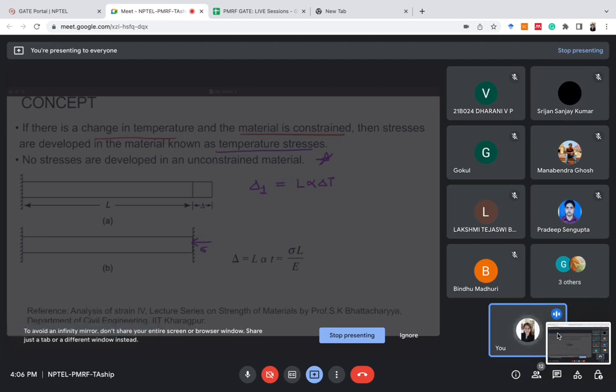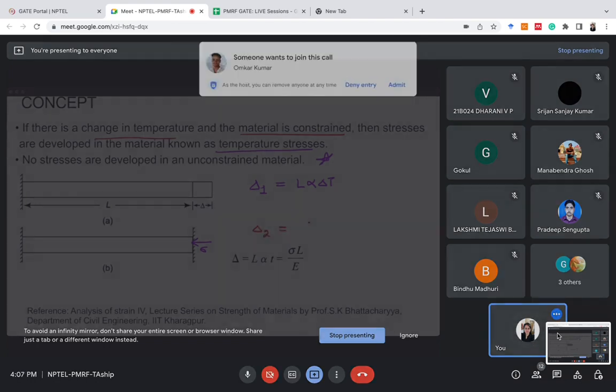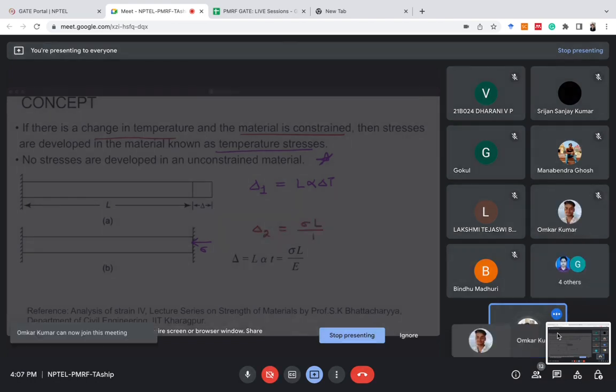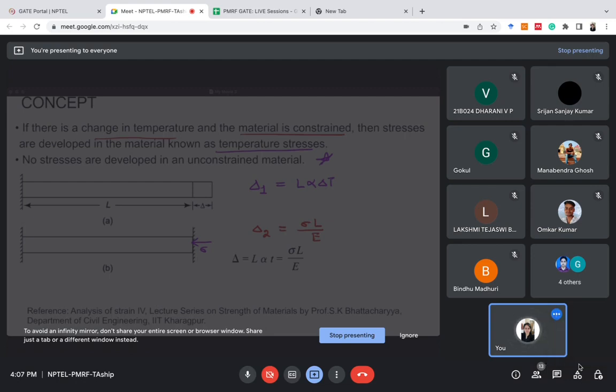The deformation due to this stress sigma, let us call it delta 2, will be sigma L by E. In order to find the value of stress, we will equate delta 1 and delta 2. So the value of sigma will be E alpha delta T.